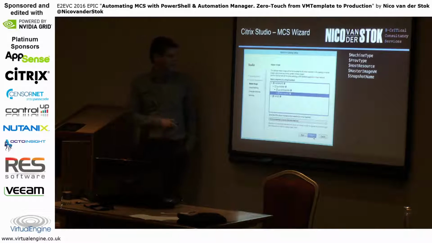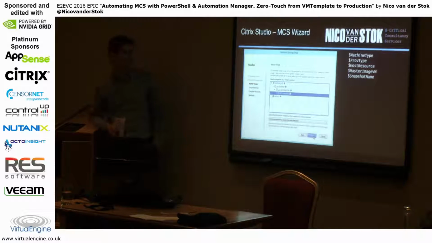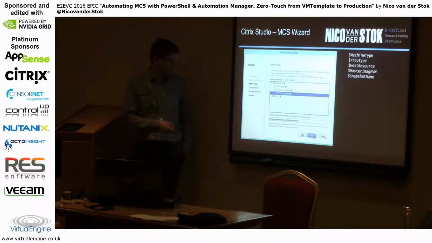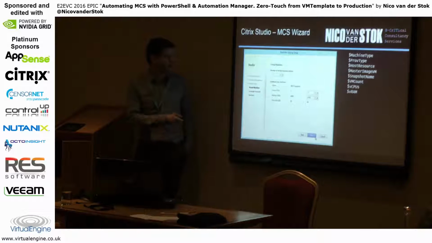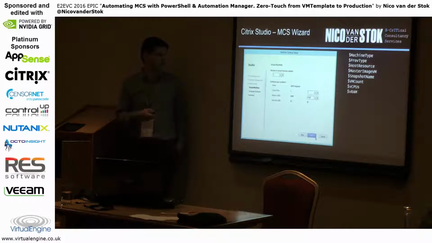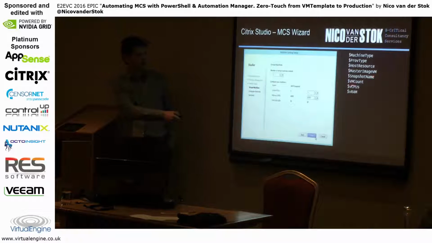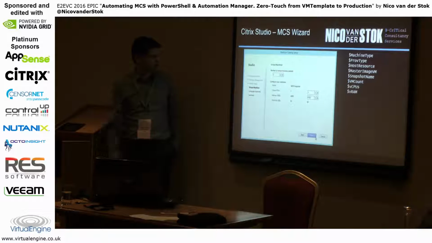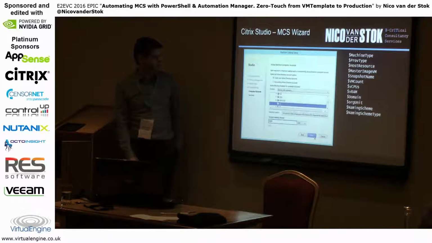Then you need the name of the virtual machine which is serving as your template VM, and the name of the snapshot which you will use to deploy your machine from. Finally you need the number of machines you want to create, number of CPUs, memory, etc. So these are the variables you have so far.